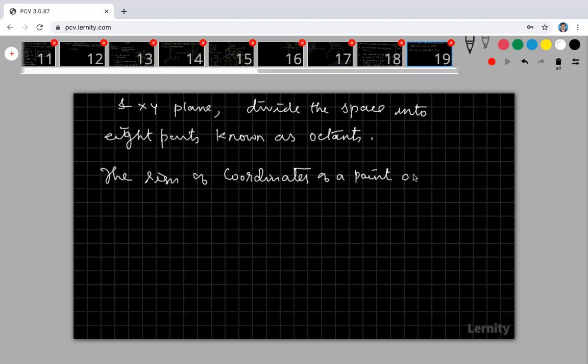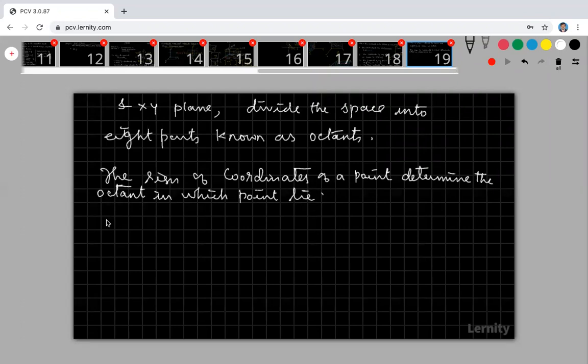Determine the octant in which the point lies.